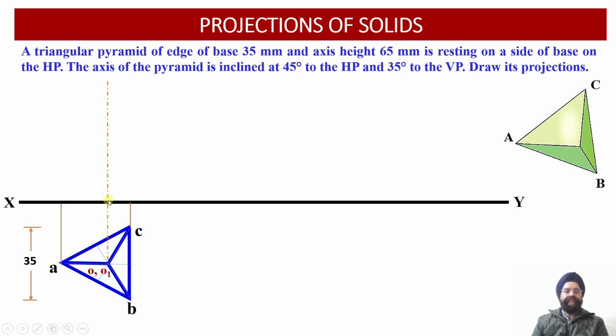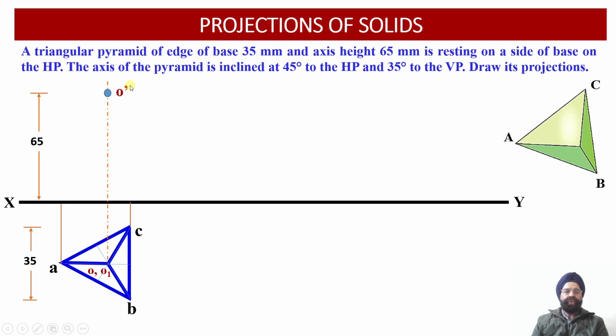Here we know that the height of OO1 in the front view is provided to us as 65 millimeter. So now we are going to mark this axis height equal to 65 millimeter. The moment we mark this axis height, the apex point O dash has been located in the front view projections.